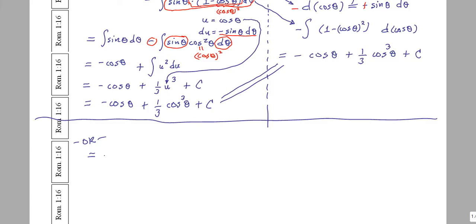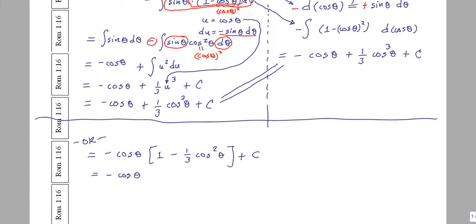So let me pull that out. And in fact, I'll pull out a minus cos here. Minus cos theta is going to be 1 minus, inside of there I get a third cos squared theta, and then I'll leave the constant out of the bracket.